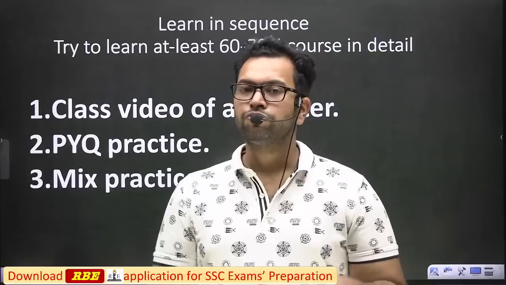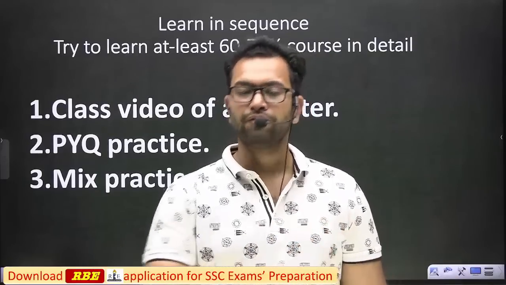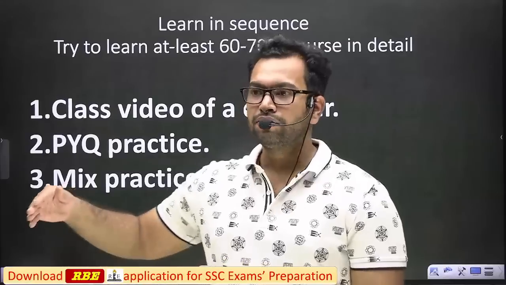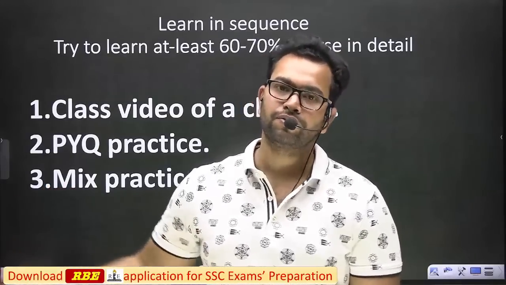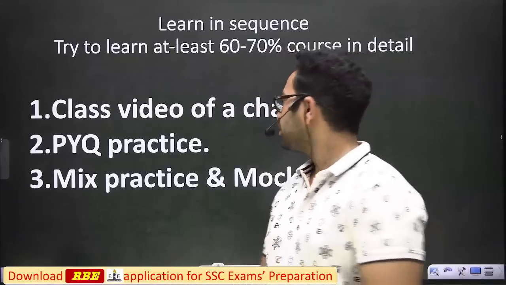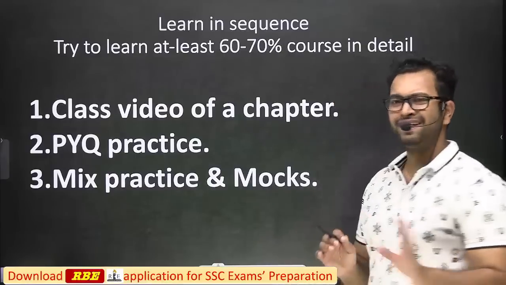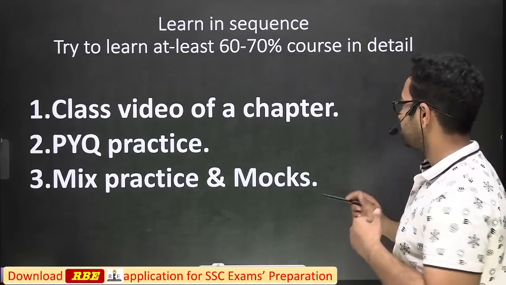But the chapters that you have covered by heart and made notes for, you can revise at the very last time, and the topics that you cover in the end, you can just revise from the screenshots or PDFs that are available. So at least cover 60 to 70% syllabus by heart before the tier 1 examination.